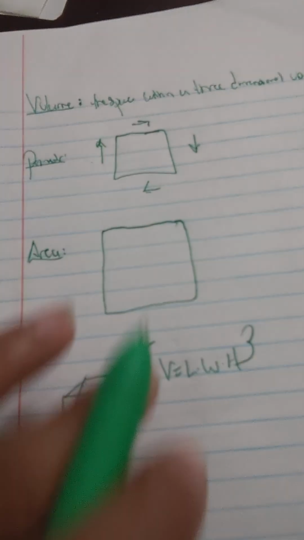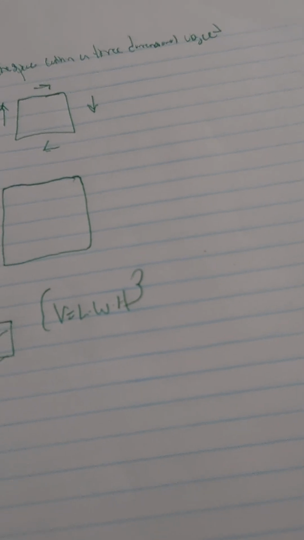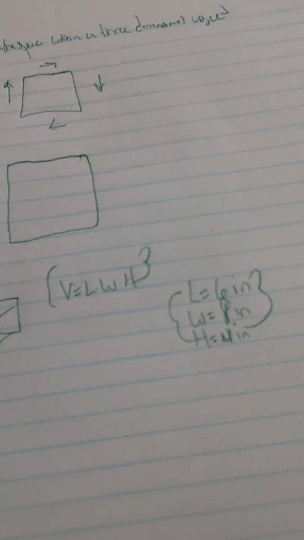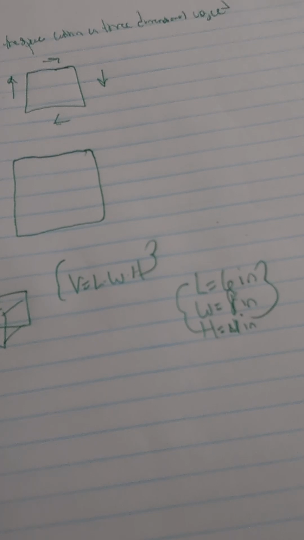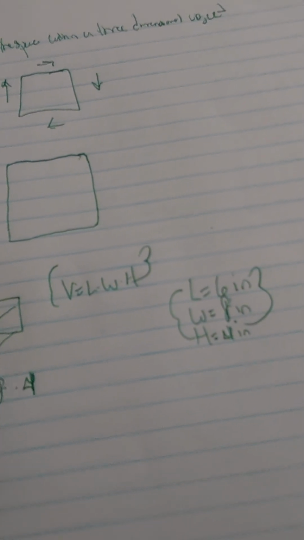So, for example, say we have a little box, and the length is 6 inches, the width is 8 inches, and the height is 4 inches, and we want to know the volume of the box. So then we would say, okay, what is 6 times 8 times 4?